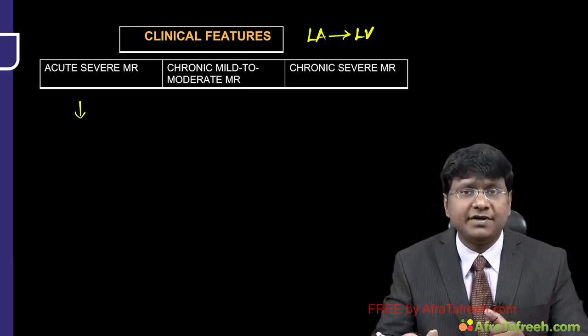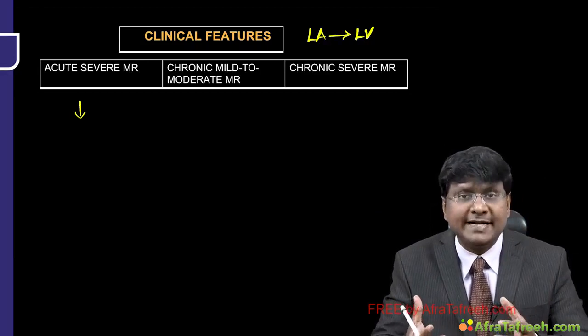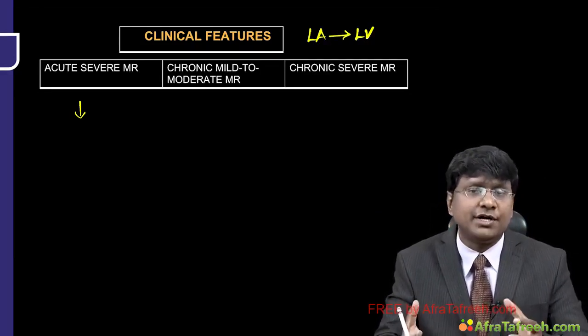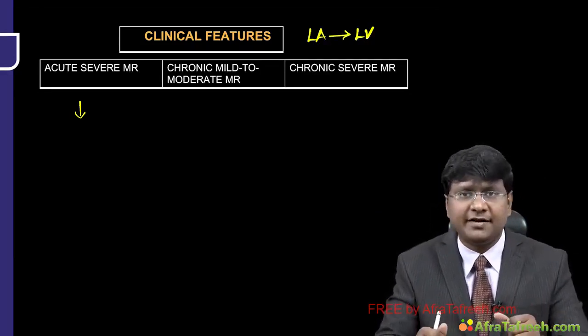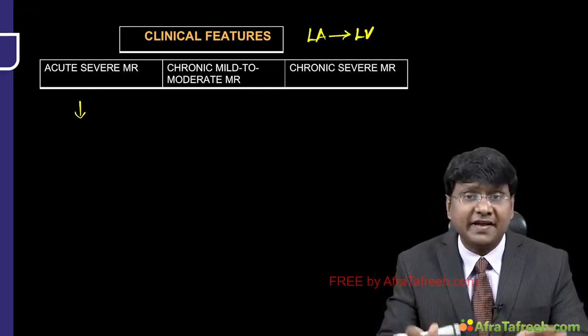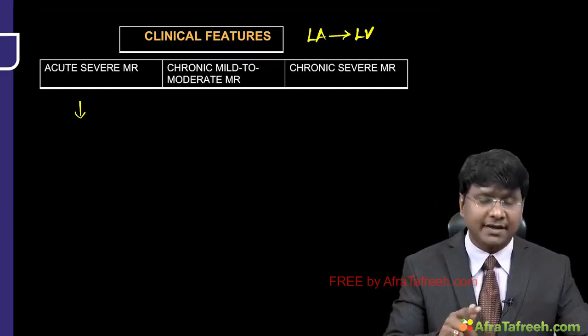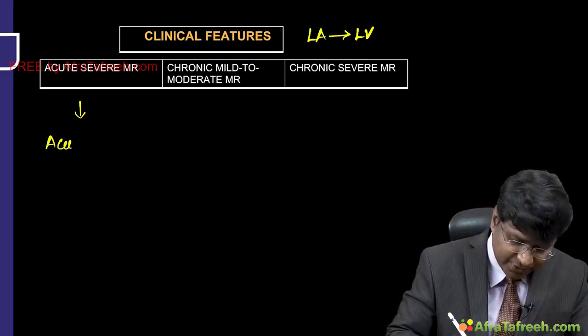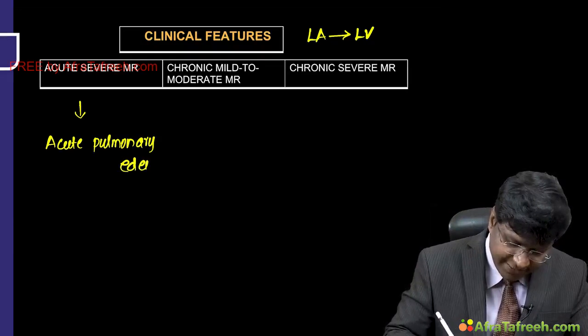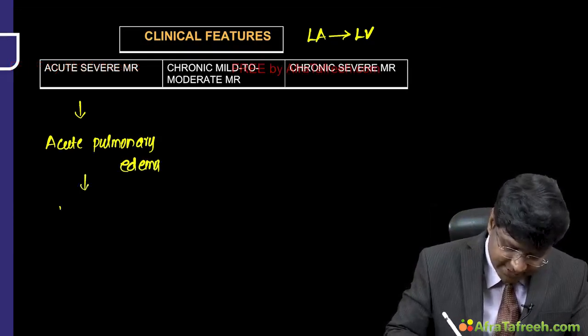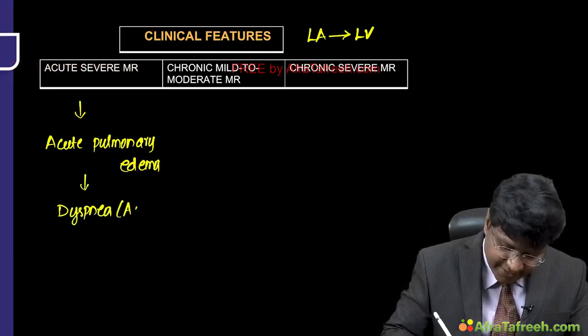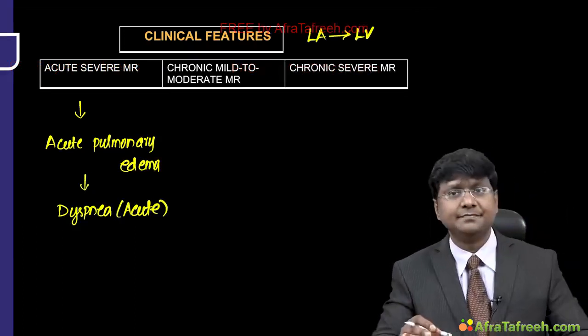In case of acute severe MR, the left ventricle is not completely prepared to receive that large quantity of blood from the left atrium. So the LV fails immediately. Once the LV fails immediately, the patient will present with acute pulmonary edema. Once there is acute pulmonary edema, these patients should have dyspnea, and that too it should be acute onset dyspnea.